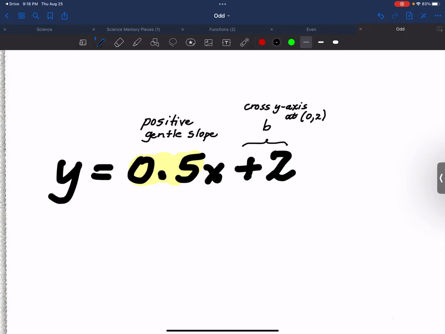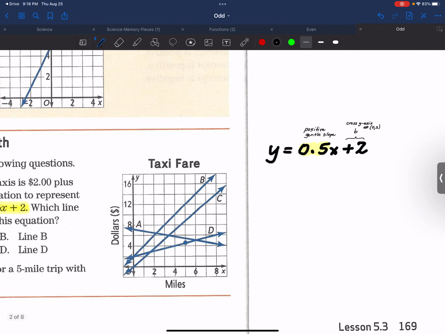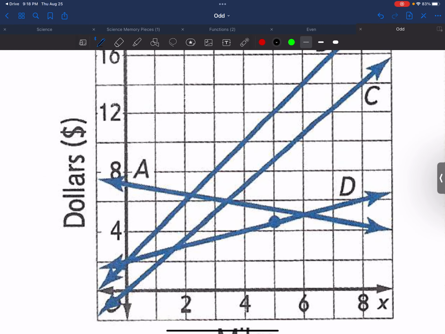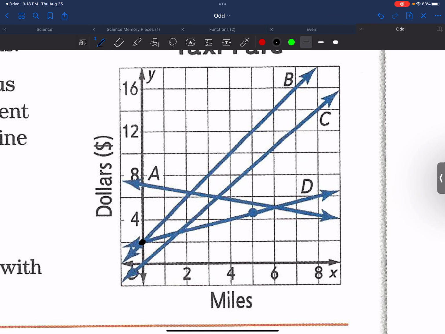So let's look for something. I'm going to start with b. That's the easiest one. So y of 2 is going to be right here. Okay, so we have eliminated a whole lot just by this one.